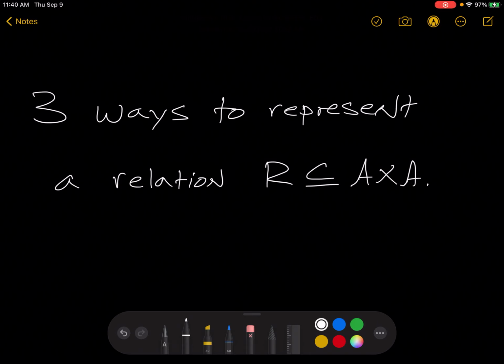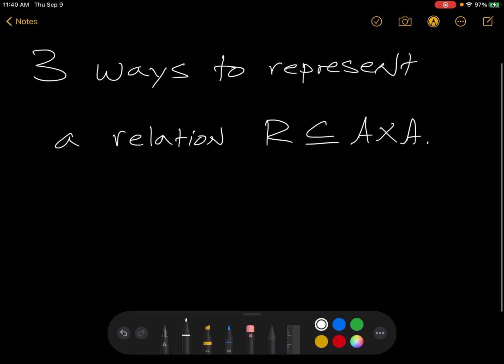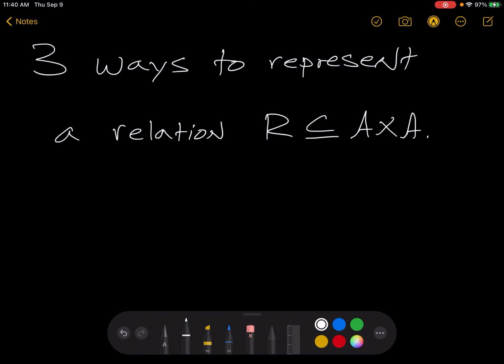In this video, I'm going to show you 3 different ways to represent a relation R that is a subset of A cross A. As an example, let's say that our set A is the set {1, 2, 3, 4}.